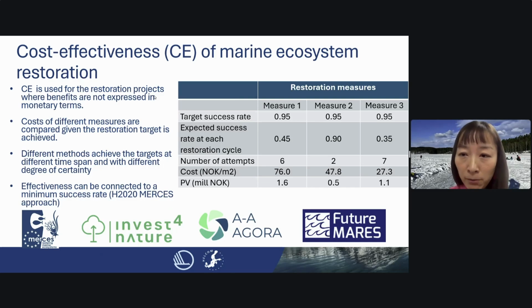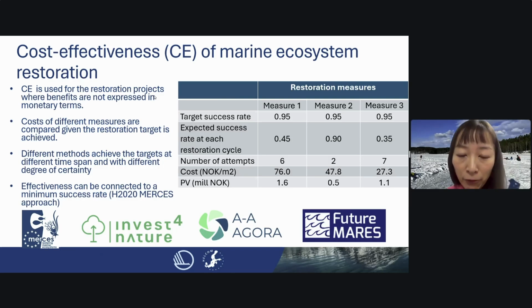That means for measure 1 and measure 3, we need more attempts of restoration. In this case, we need 6 attempts for measure 1, and for measure 3, we need 7 attempts. But for measure 2, in the middle column, we only need 2 attempts.